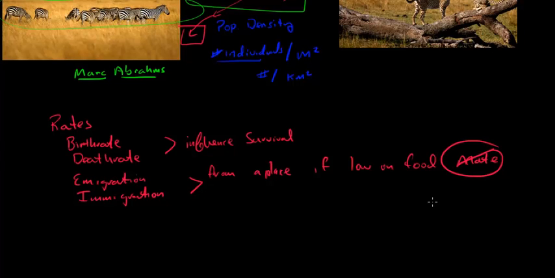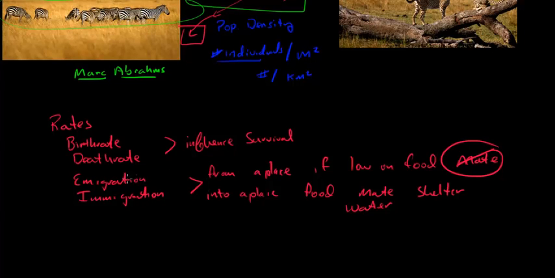They're going to go to somewhere else where they can find a mate. Or there are too many predators, and so they have to leave to get away from the predators. And they're going to immigrate into a place for just the opposite, to find food, to find a mate, to find shelter, to find water, etc.